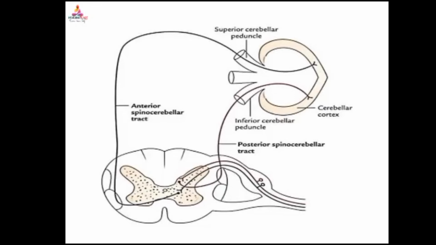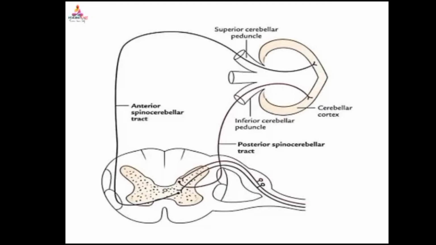Posterior or dorsal spinocerebellar tract: the cell bodies of the first order sensory neuron lie in the dorsal root ganglia of the spinal nerves. The central processes of these cells enter the posterior horn of gray matter through the posterior root of spinal nerves and relay in the nucleus dorsalis.